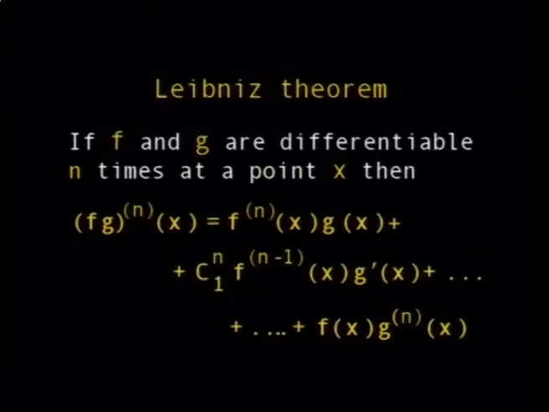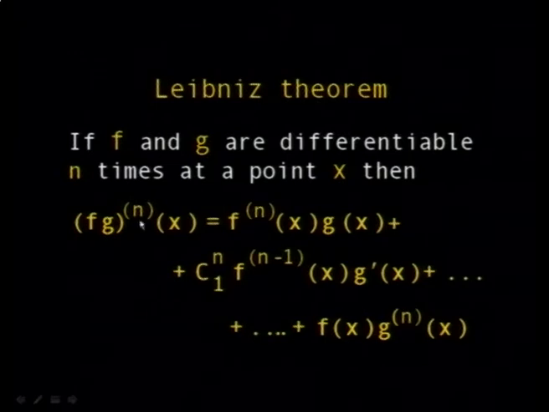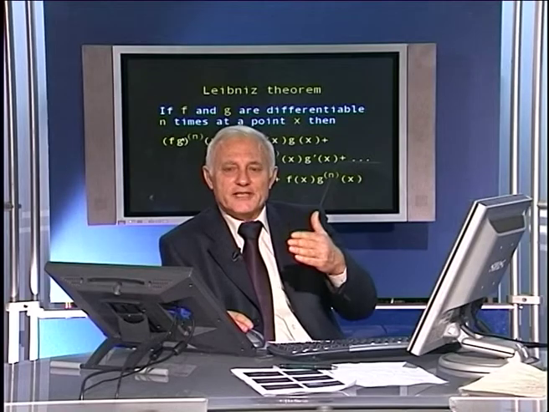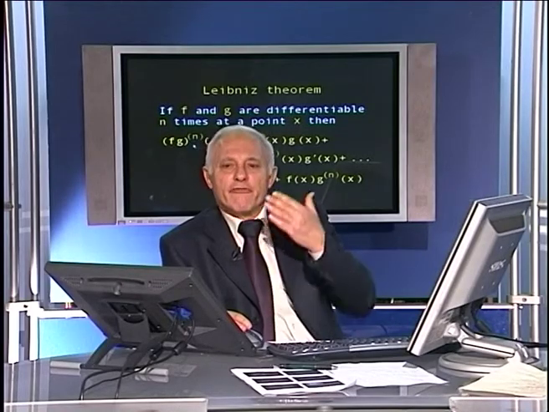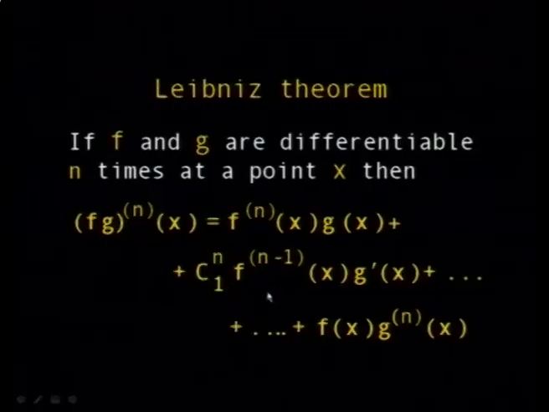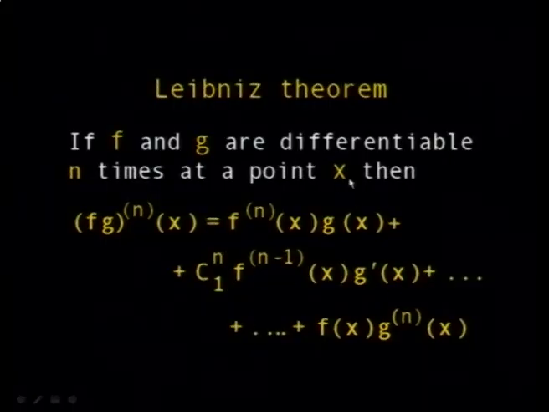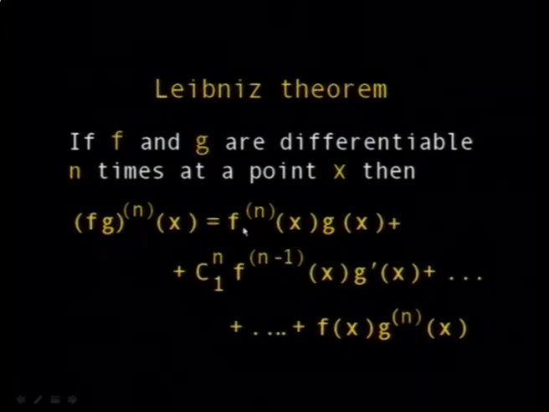Now here is Leibniz theorem. This is a theorem relating the nth derivative of a product of two functions. For example, if you have a product of two functions, f and g, and they are differentiable, and you wish to calculate the nth derivative, in other words not the first or the second, but for example the fourth one, you use a form very similar to the expansion of the binomial.